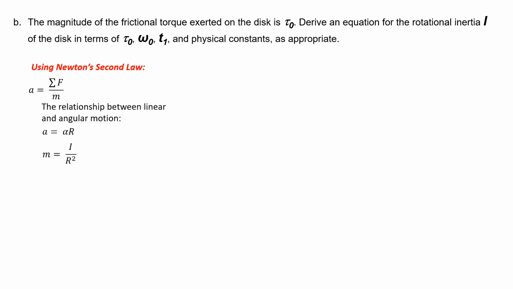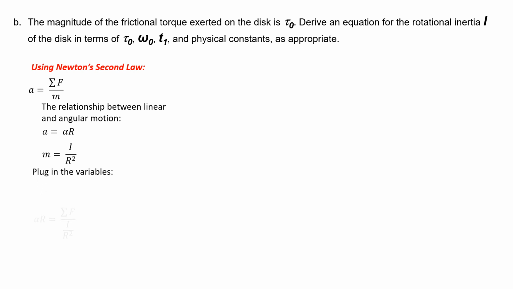But we all know the relationship between linear and angular motion, where a is simply the angular acceleration multiplied by the radius r of a rotating object, and mass is simply our rotational inertia divided by the square of the radius, where r is also known as the distance of the point where the object rotates from its axis of rotation.